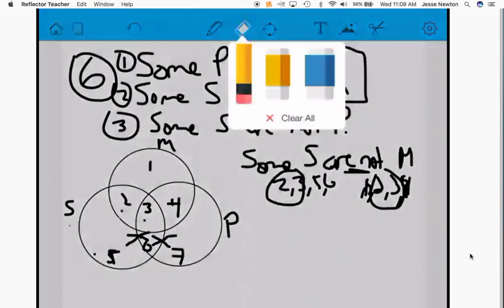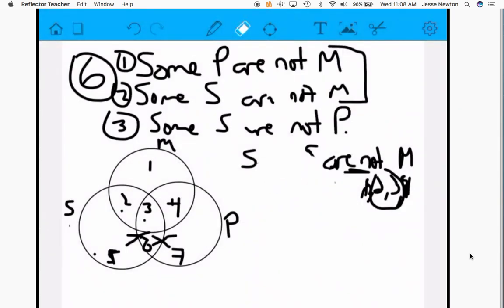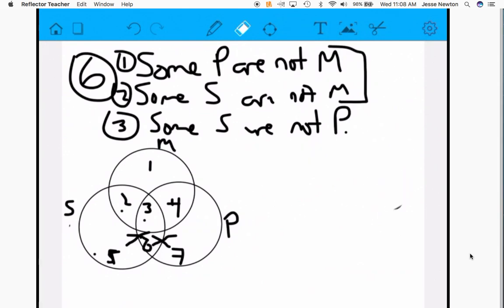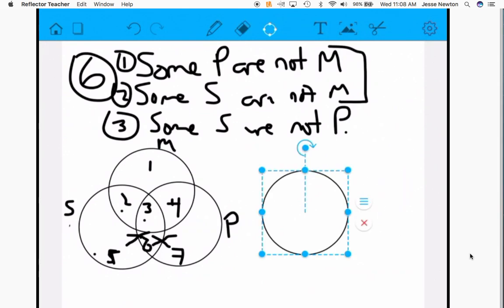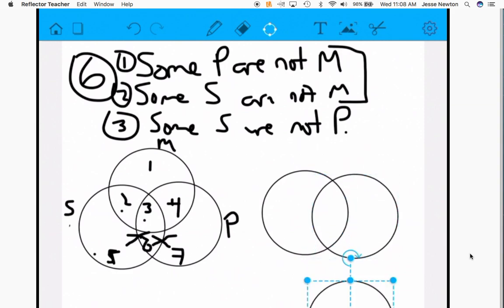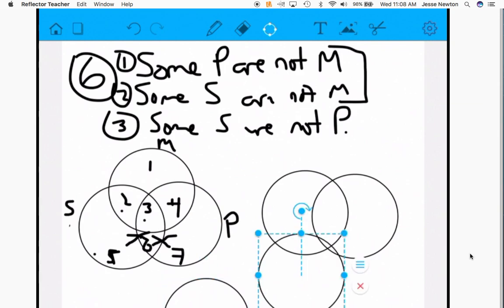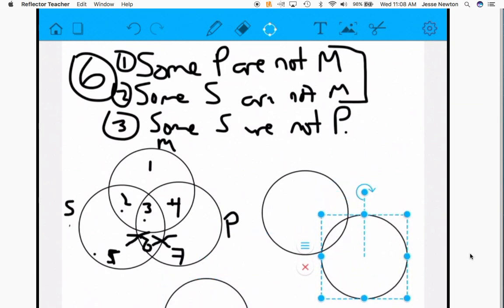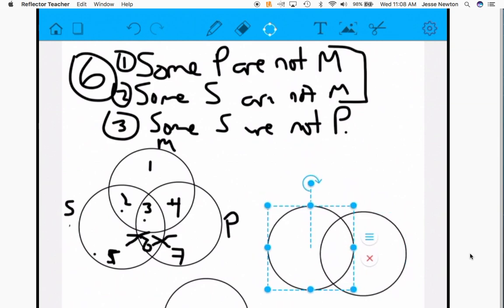Now what we're going to do is diagram the conclusion. And in order to do that, we draw up our 3 circles just as before. I'm going to move this a little down here so I have some room to work with.